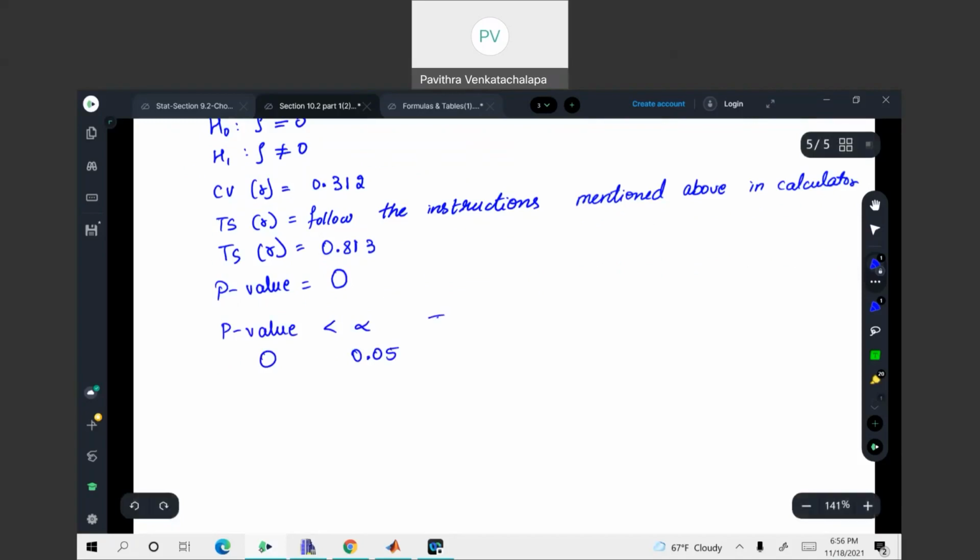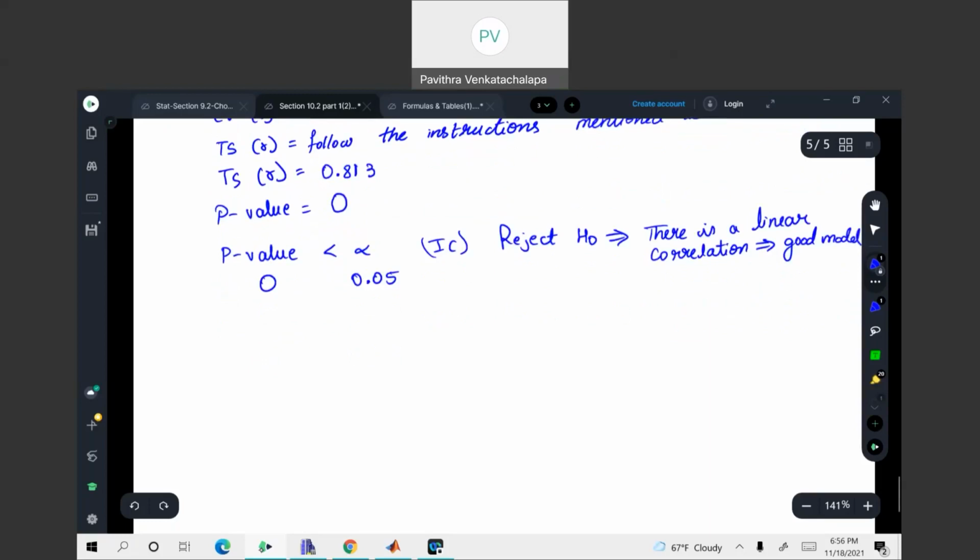So your initial conclusion is reject H naught. If you are rejecting H naught, that means there is a linear correlation, and hence it is a good model.